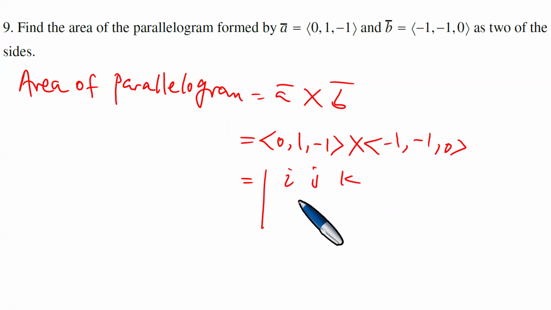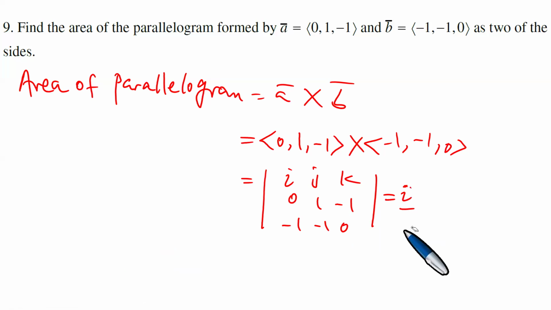And then you multiply these things. If it is i, j, k, A is 0, 1, minus 1, and the next one, B, is minus 1, minus 1, 0. If you have vector i, you can put the bar on top.